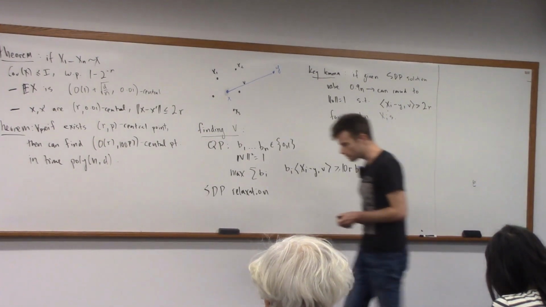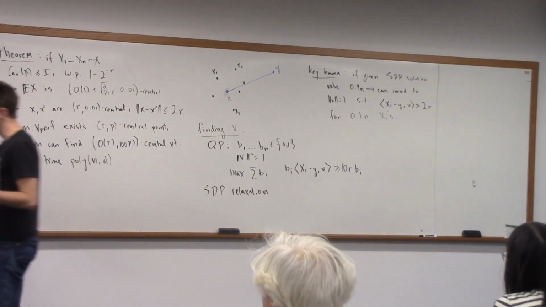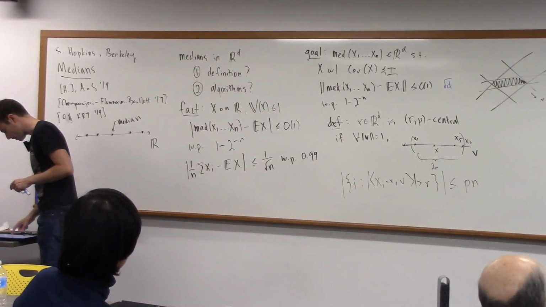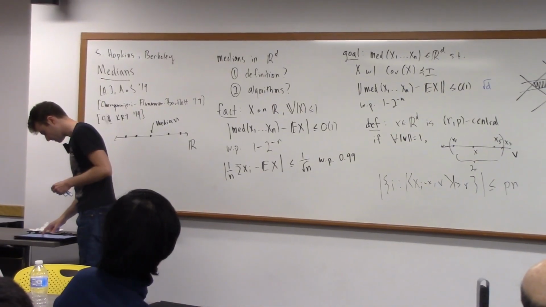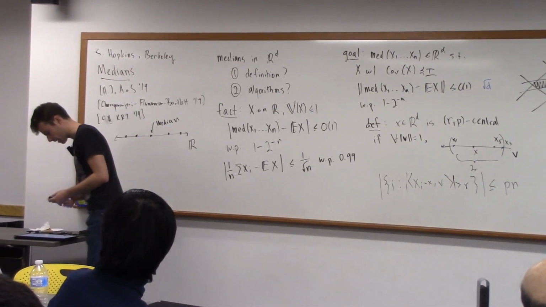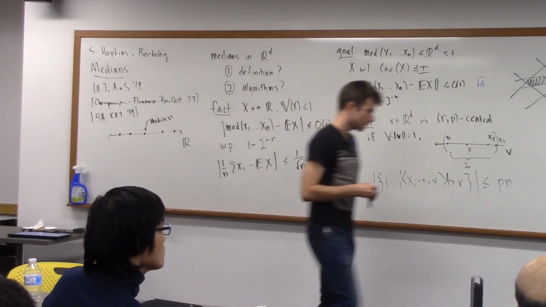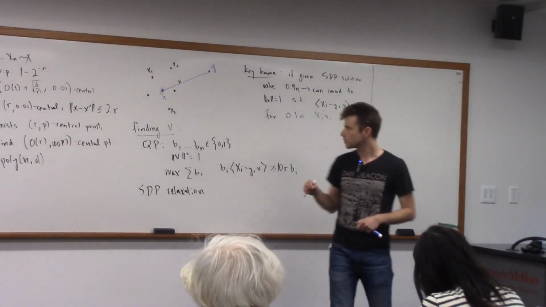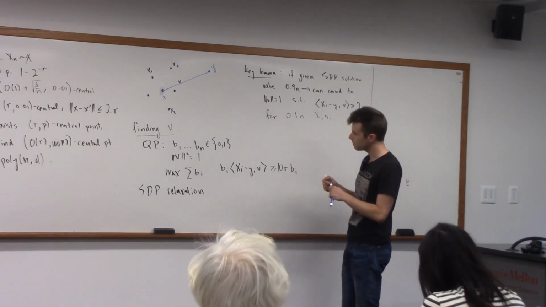And now all you have to do is show that moving in that direction is a good idea. I just want to make sure I didn't lie to you. Cool. So now all you need to do is show that moving in that direction is a good idea. So that proof is super simple.